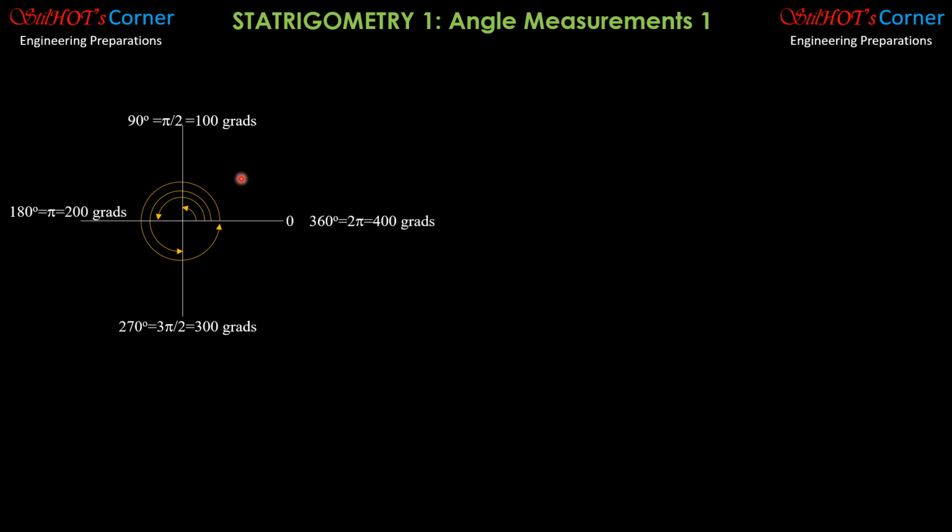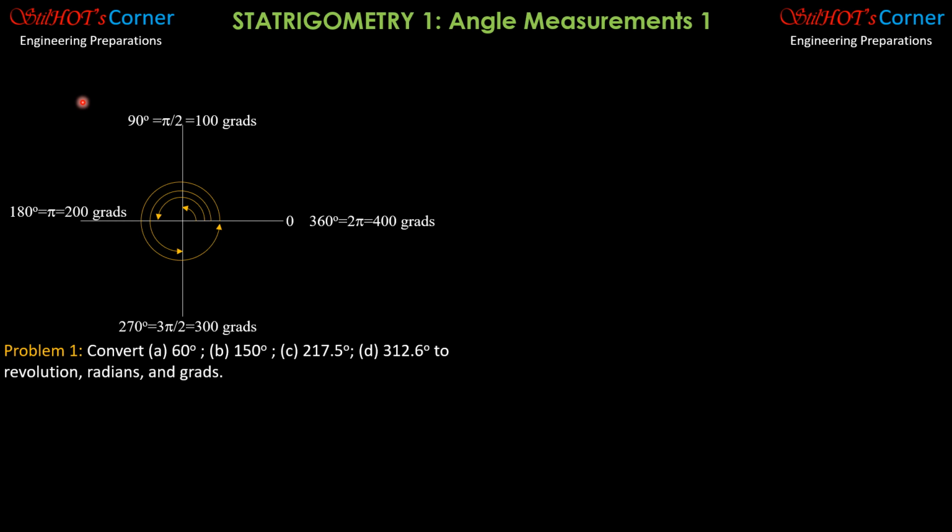Therefore, the conversion is: one revolution is equal to 360 degrees, 2 pi radians, 400 grads.